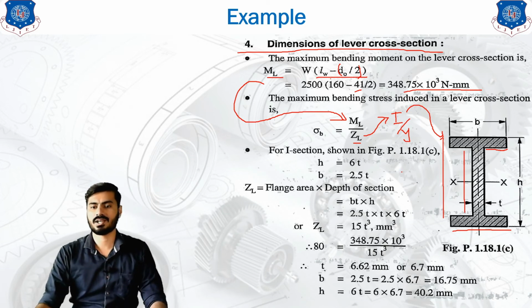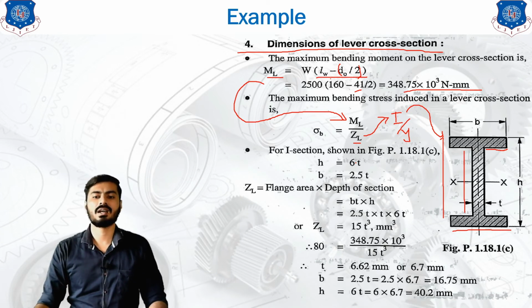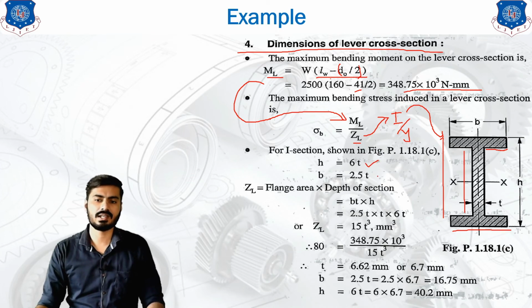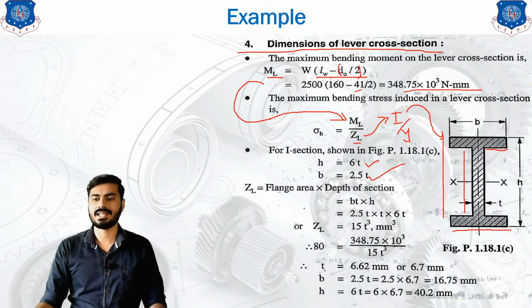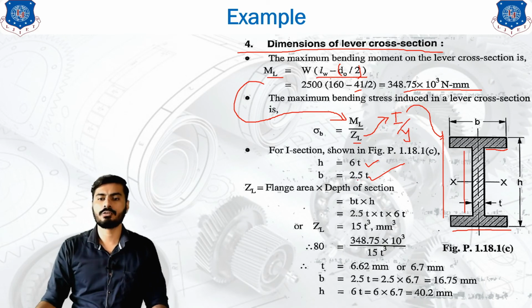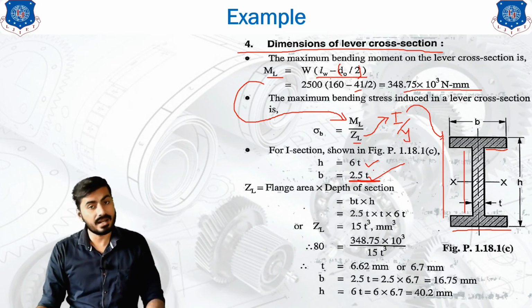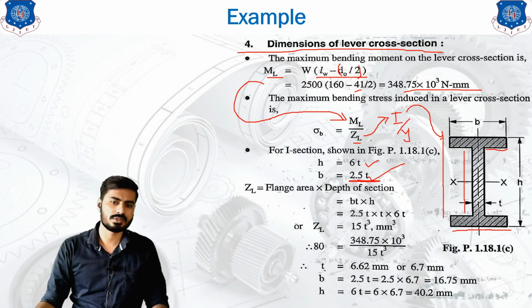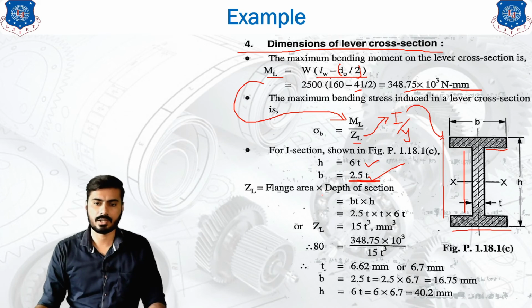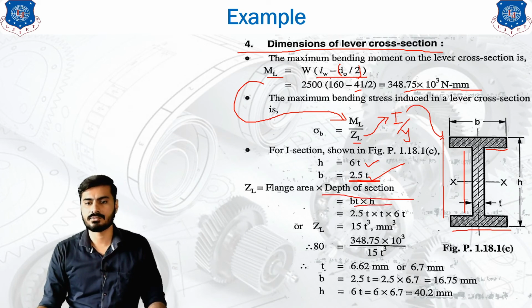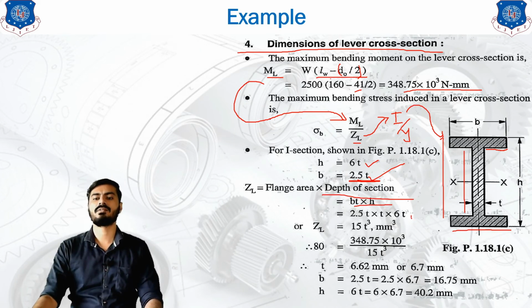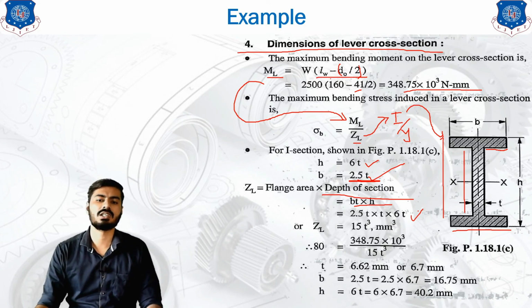By calculation you can get this answer, but our intention is to find the cross section area, and this cross section area is in terms of T. As you can see, the value of H is 60 and the value of B is 2.5T, which is provided in the given data. Now if you find the value of Z, then your answer will look like this, 15 times T cube.